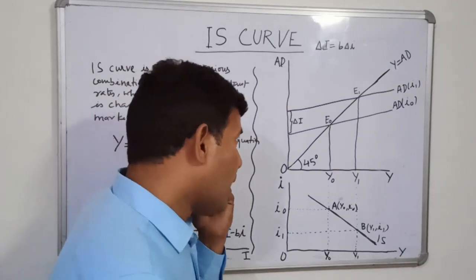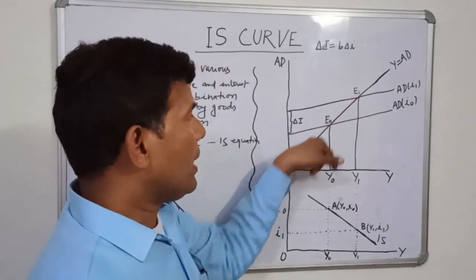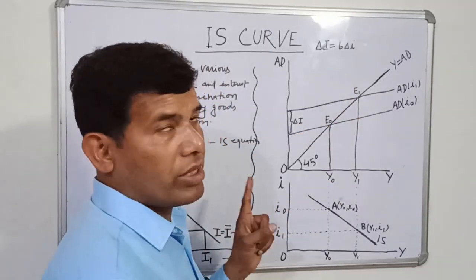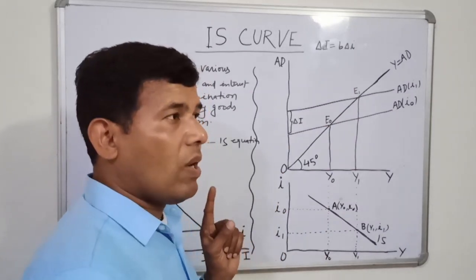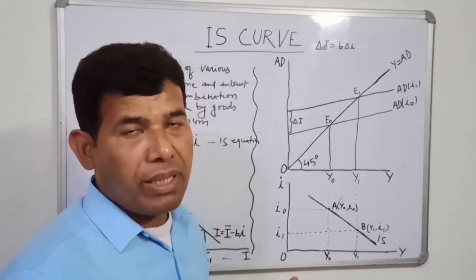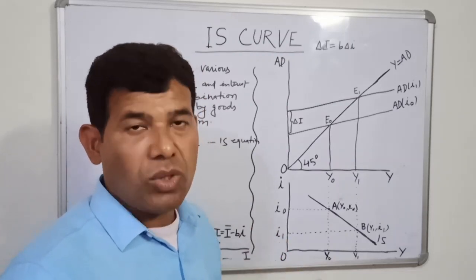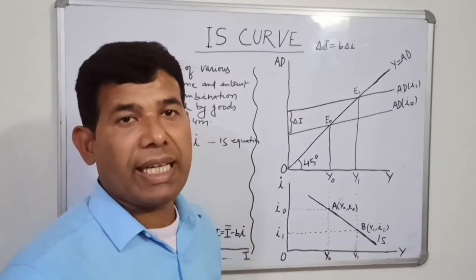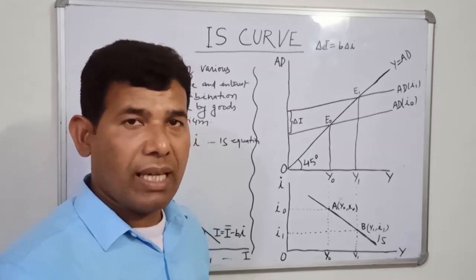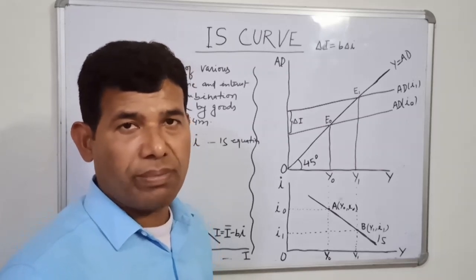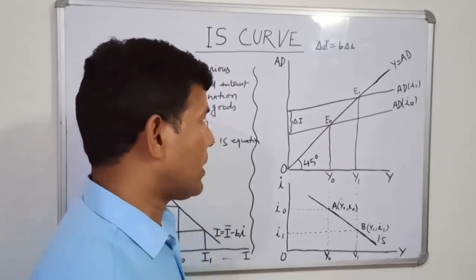However, the first diagram here stands for the goods market. What is the condition of goods market equilibrium? Algebraically, output must be equal to aggregate demand. That is the condition of equilibrium in the goods market.